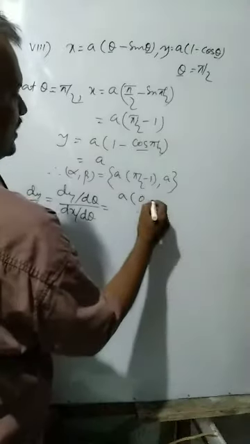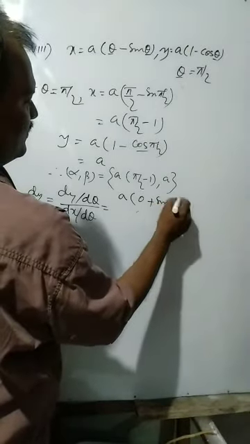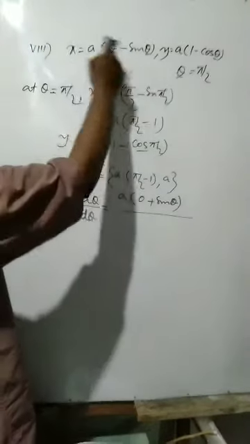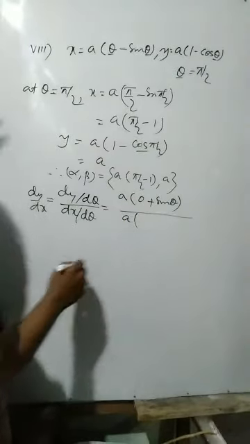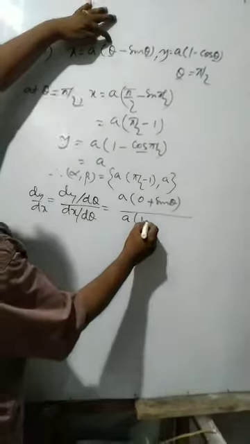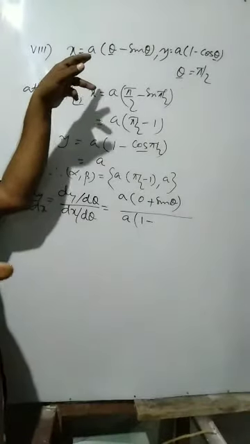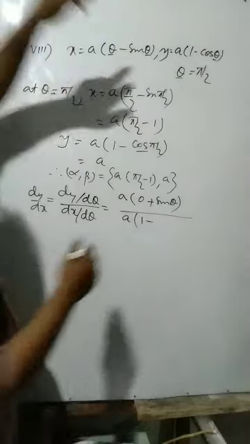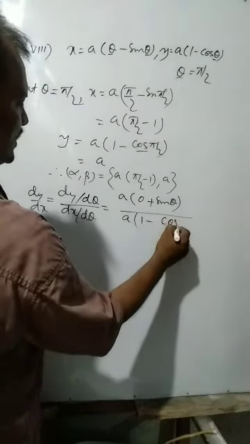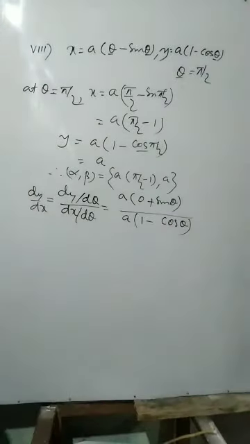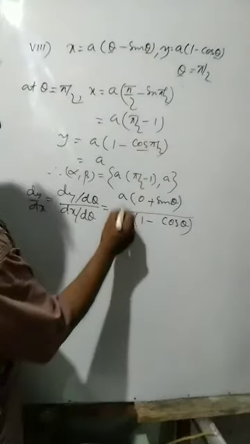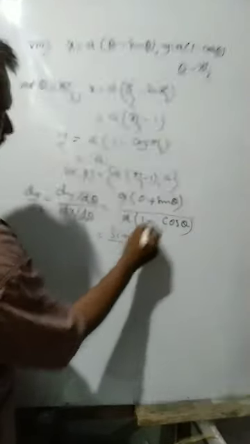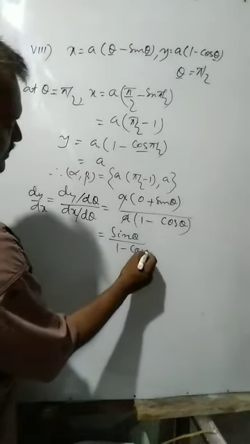The minus is there already, so it is sin theta. So dx by d theta: a is constant, derivative of theta is 1, minus sin theta, this is the cos theta. Okay. So a cancels. Here it is sin theta divided by 1 minus cos theta.